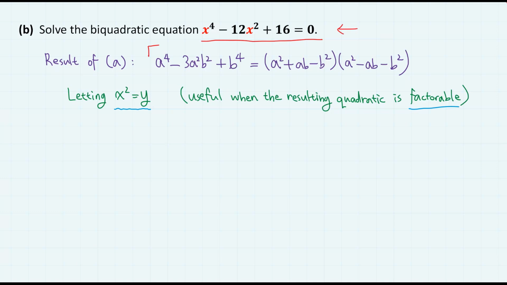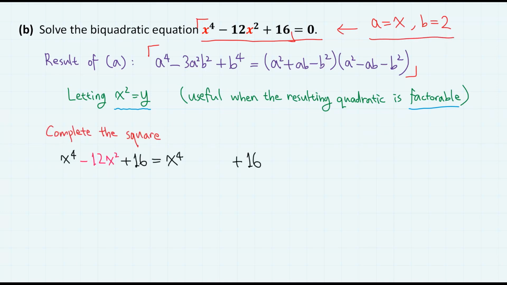If you remember the previous result, you can easily realize that the left-hand side is the special case of problem A, with a equals x and b equals 2. You can use this to factor the left-hand side, or you can just use the same complete the square method to obtain the same result.